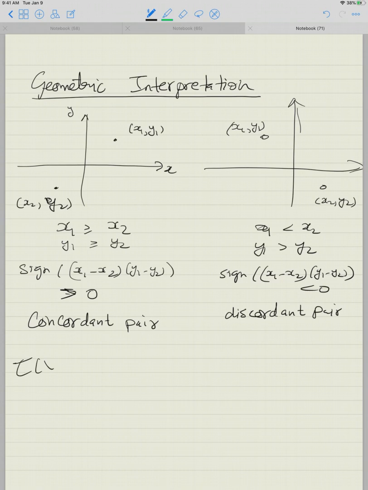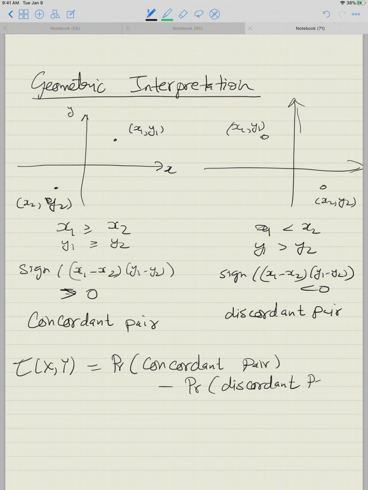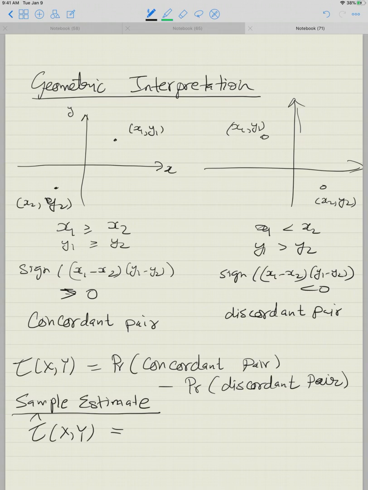So we can interpret tau of xy as the probability that you get the concordant pair minus the probability that you get the discordant pair. We can do a sample estimate if we have just data points.